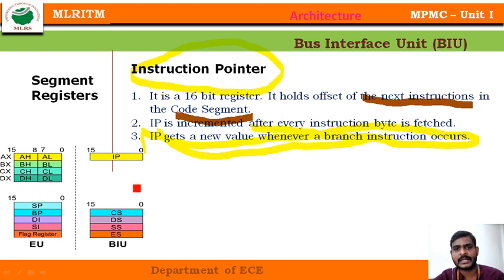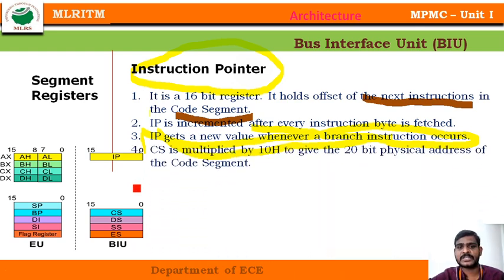For example, the instruction pointer is pointing at 2000. When I go to the next instruction, it becomes 2001. But if that next instruction is a branch instruction, the instruction pointer gets a completely new address, for example the 5000 location.